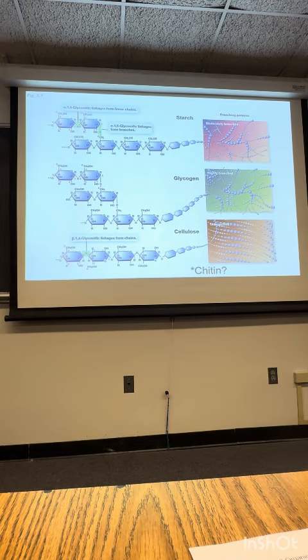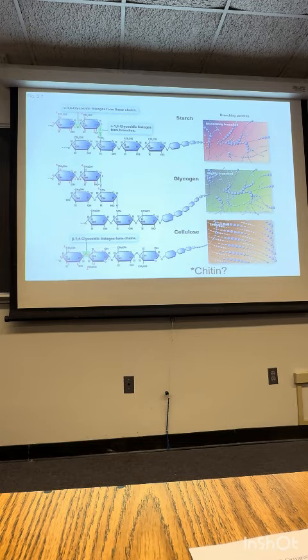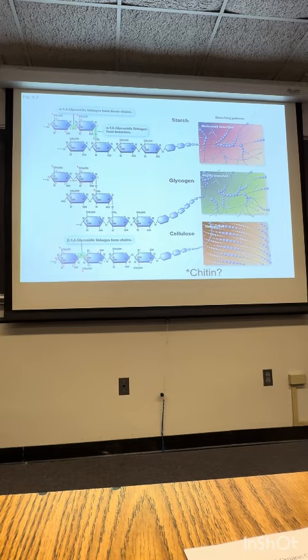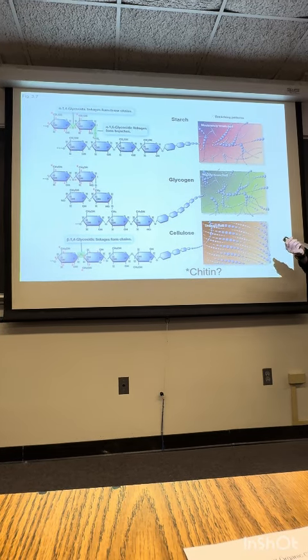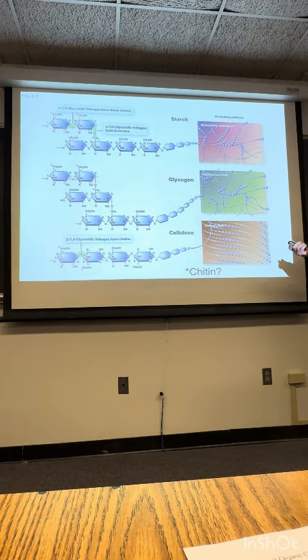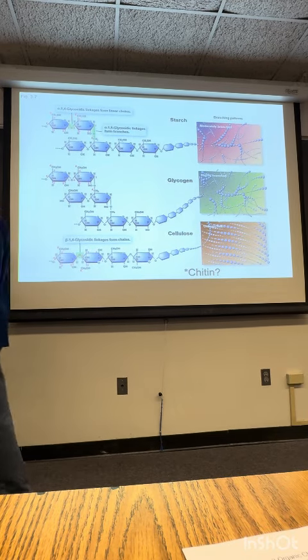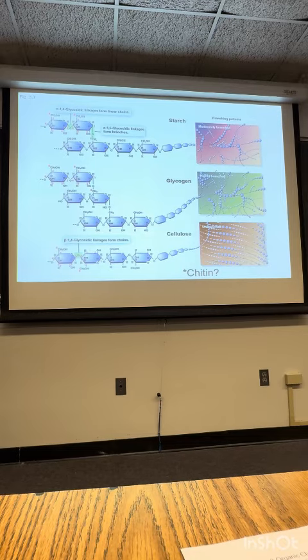If we look at this chart here, starch, remember, is the main sugar that we see as a storage molecule for plants. It is a polymer of glucose. Glycogen, a polymer of glucose, was on our quiz, and that is what animals use for short-term energy storage.